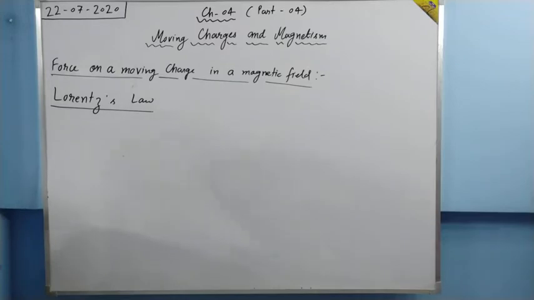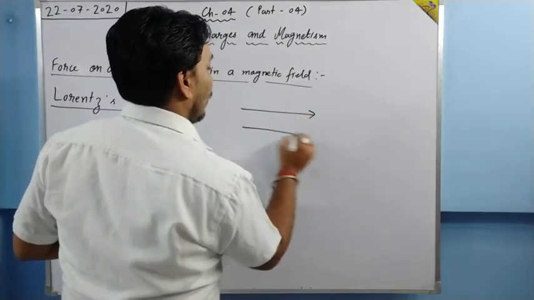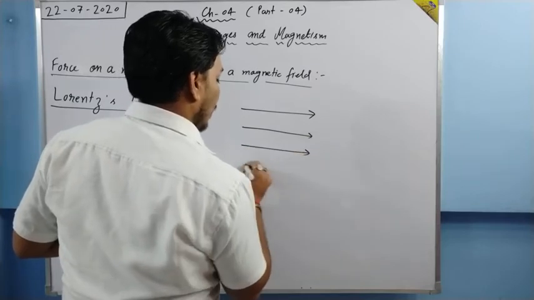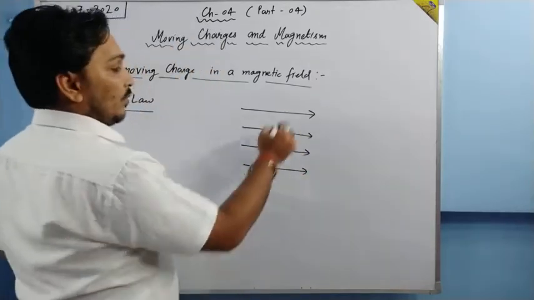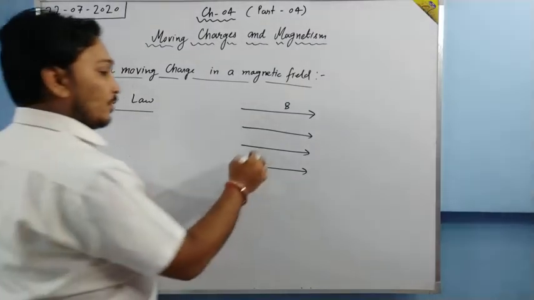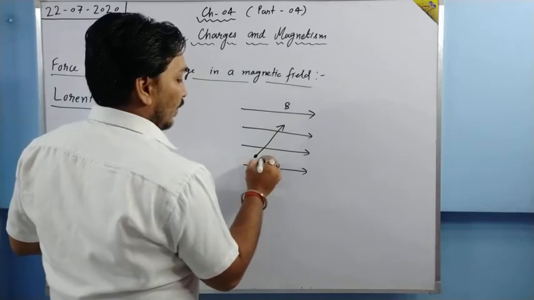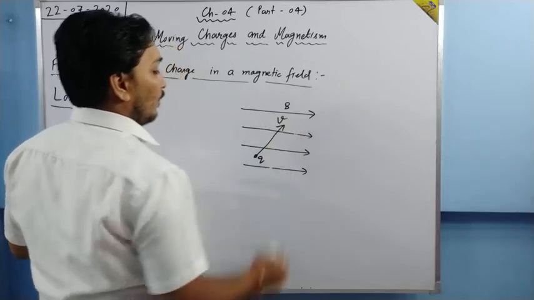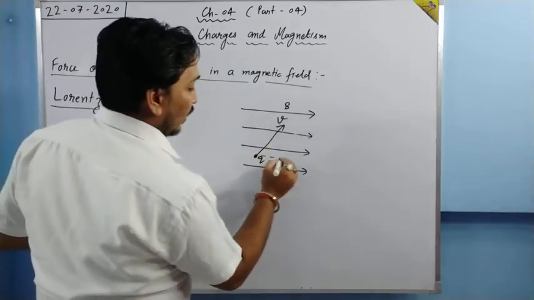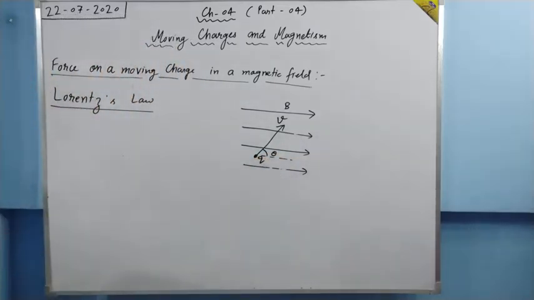What Lorentz law says is that somewhere, this is the magnetic field, say this is uniform, and a charge is moving in the magnetic field with a velocity v, making an angle theta with the direction of the magnetic field.